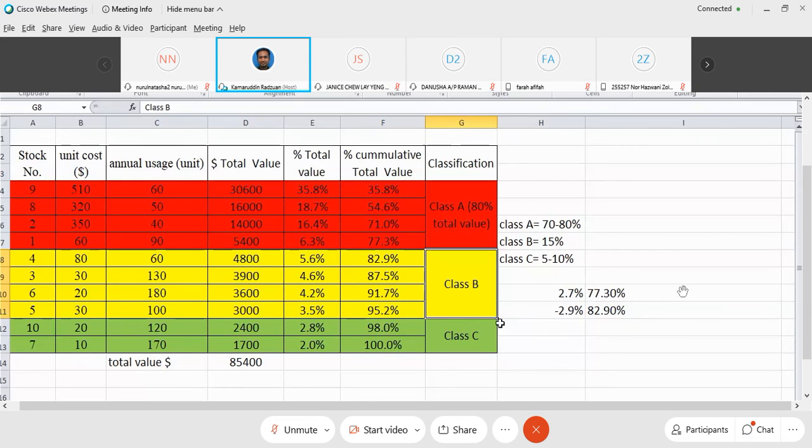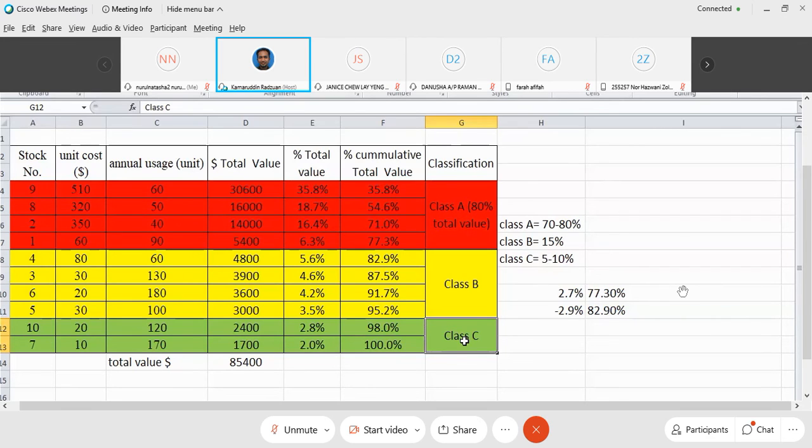Baik, kalau kita tengok di sini, kita tak perlulah nak buat analisis lagi sebab kita cuma ada 3 kelas saja, A, B dan C. Jadi apabila kita buat kelas B item, automatik item yang tinggal akan menjadi item yang kita masukkan di dalam kelas C. Jadi kita dah dapat di sini iaitu kelas A, kelas B dan kelas C. Baik.